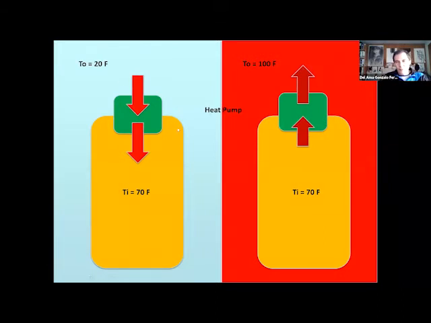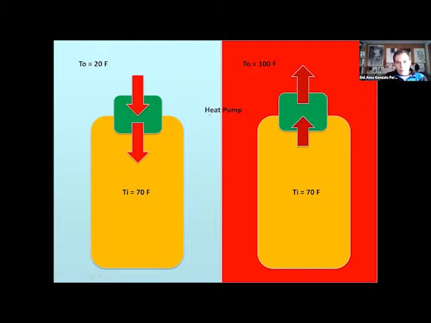So this would be for heating when we have a cold outdoor air at 20 Fahrenheit. Indoors, we always have 70 Fahrenheit, so it's comfort temperature. It might be different, the temperature that we have in winter than the temperature that we have in summer, but it's around 70 Fahrenheit. But outdoors, we have 20 Fahrenheit in winter, we have close to 100 Fahrenheit in summer.